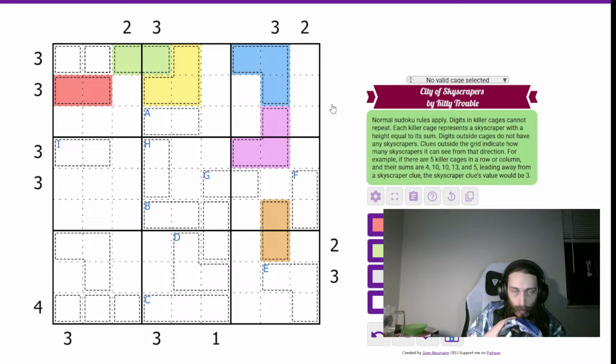So what do we know about column 8? We know that purple is larger than H. And E is larger than H. So purple... I guess there's also this one right here, gray.